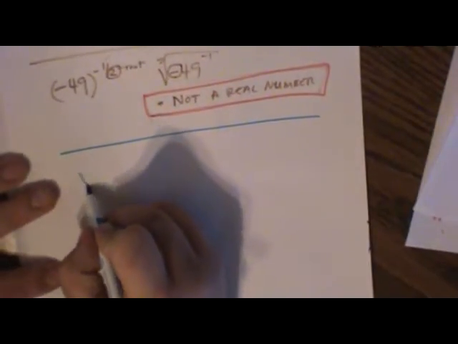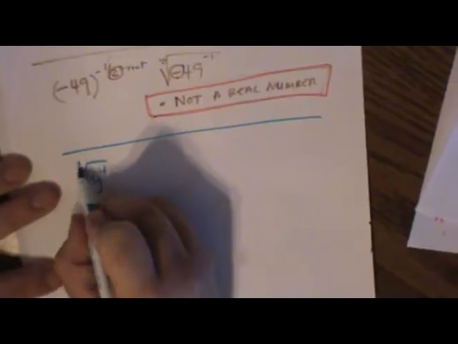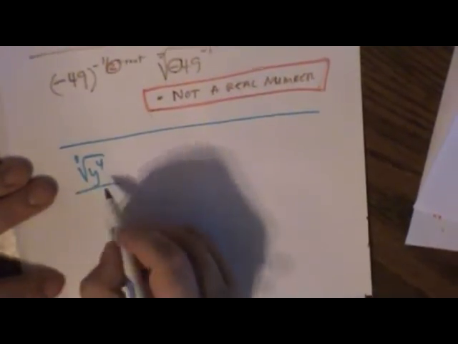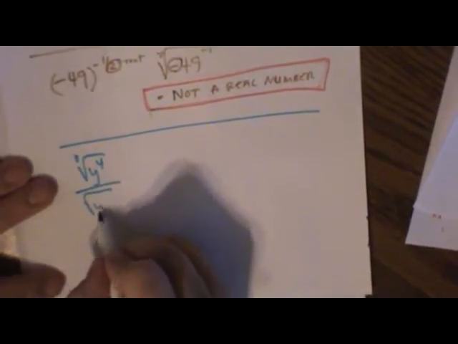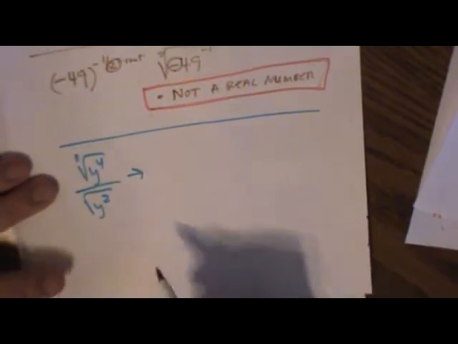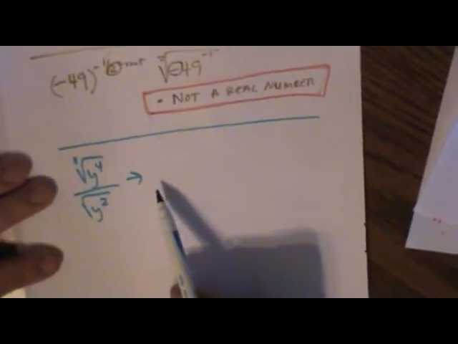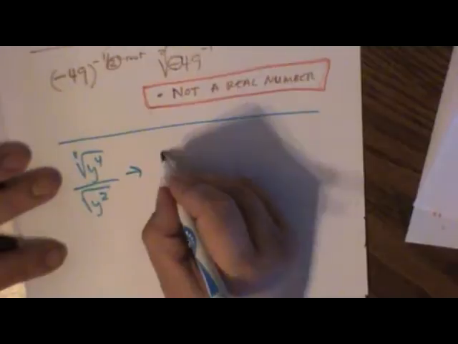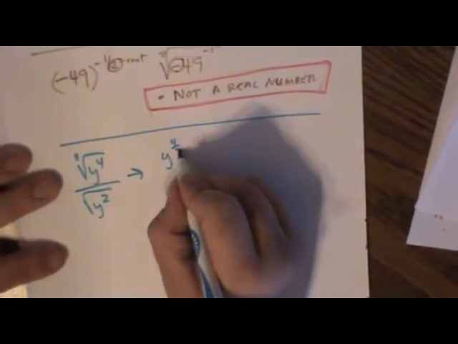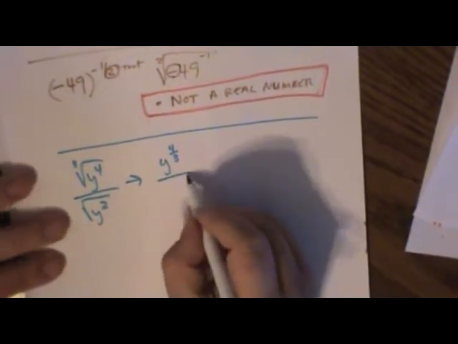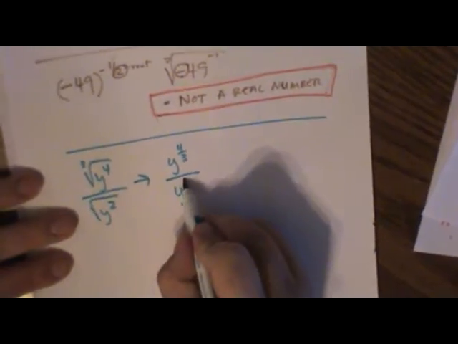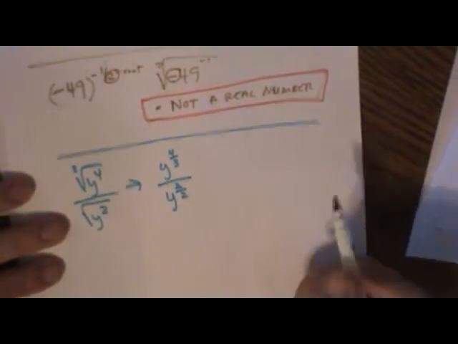Let's try this one. y to the fourth inside the cubed root. Then we have the square root of y squared. Writing them as rational expressions, we have y to the 4 over 3. Then we have y to the 2 over 2.